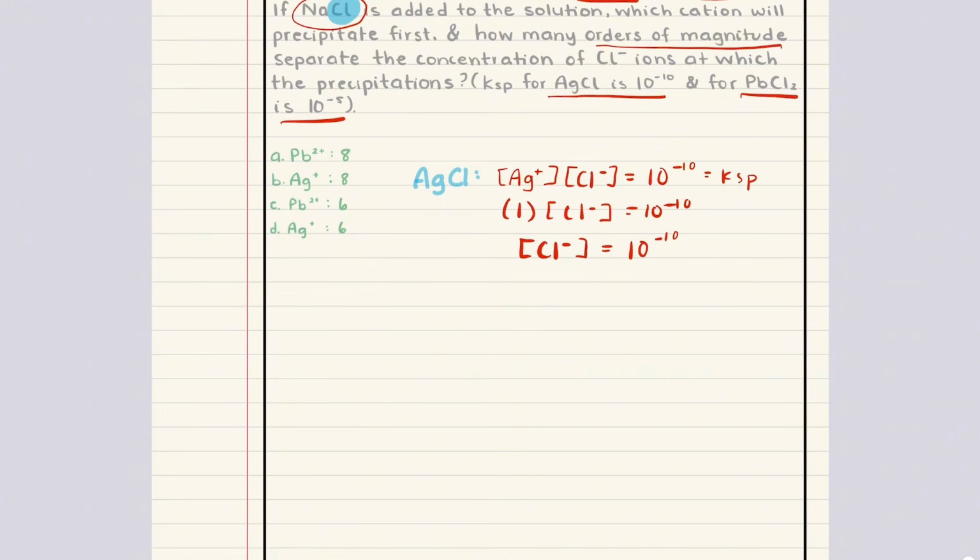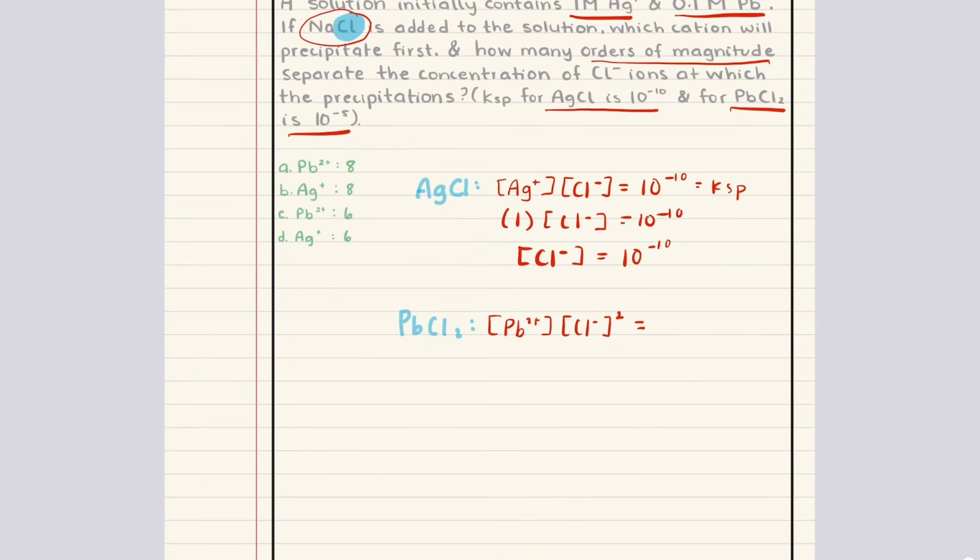Okay, what about for lead 2 chloride? For lead 2 chloride, the KSP expression is the concentration of lead 2+ times the chloride concentration squared. We're going to set KSP equal to 10 to the negative 5. We're going to plug in the lead concentration of 0.1 molar.